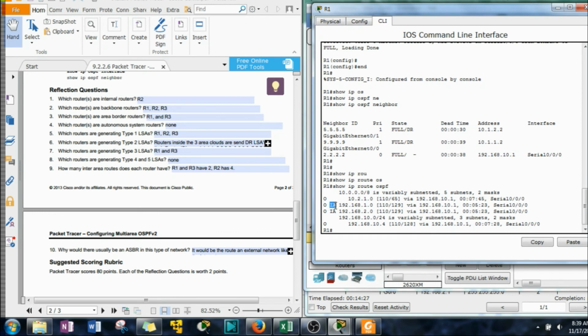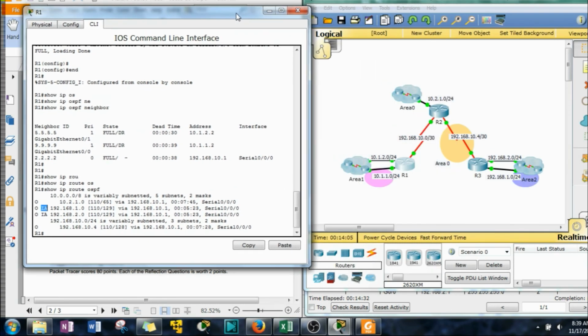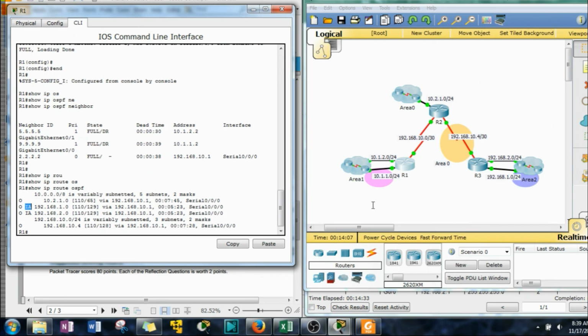The IA says inter area. So it's coming from some other area other than the one I'm connected to. So that would be, let's see, 192.168.1, so that's going to be that one right there. 192.168.2, that's going to be that network over there.